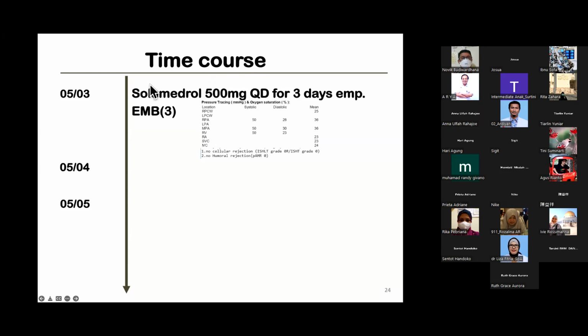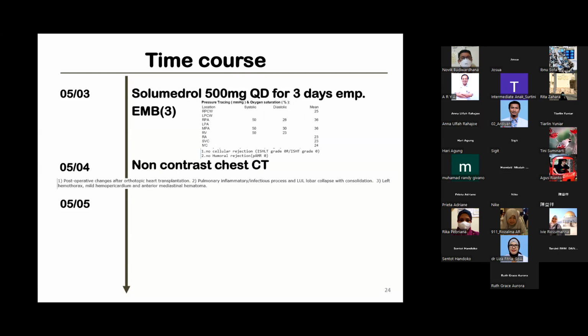We can give a huge dose, short-term steroid is fine for 3 days. You don't worry about the infection. But if you keep on the high dose of steroid, you will get a fungus infection. So once I prove there is no rejection, I just give the steroid 3 days. Then I will decrease the steroid.